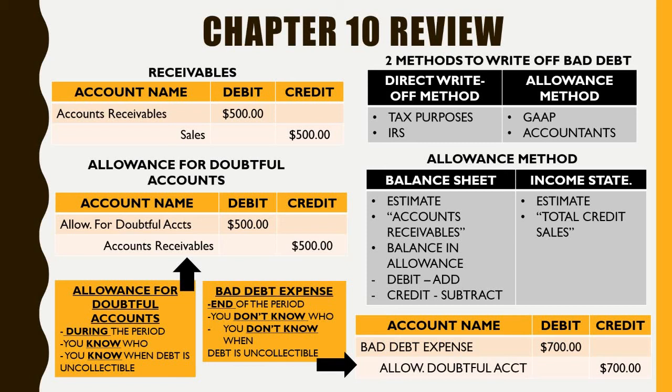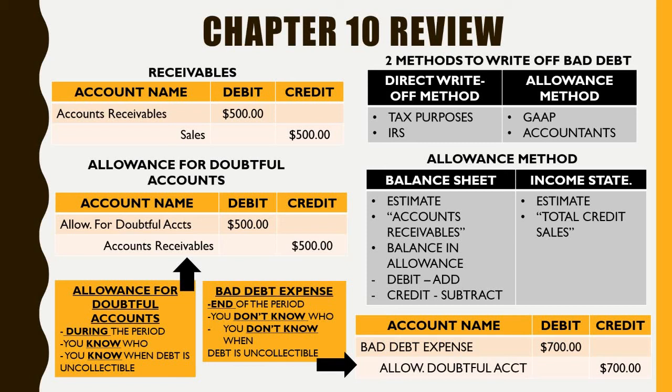Then when we reach the end of a given period, we've been chasing our customer, asking why aren't you giving me money back, sending them bills left and right, charging them late fees, whatever it is. Once you reach the end of the period, that's when you come to a conclusion: okay, I'm never going to get this money back from this customer. So I'm going to add that as part of my estimated amount.